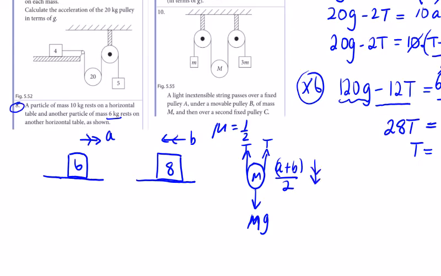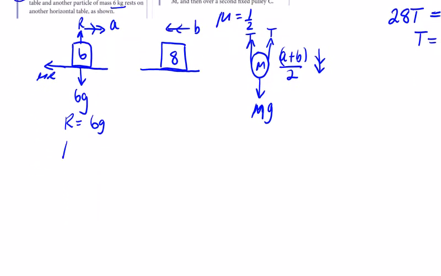So we have 6G. We have mu R, so R is equal to 6G, so mu R is equal to a half times 6G. Mu is a half, which we brought down from the question, so mu R, that's 3G.